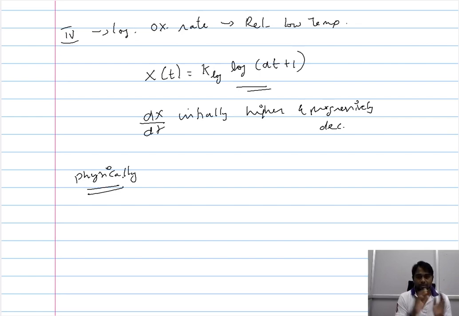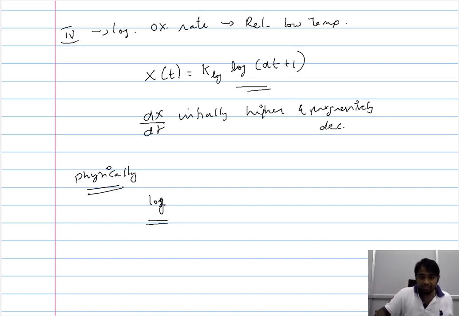So the way the different oxidation rates occupy the range of temperature is, when you have a relatively low temperature, you have logarithmic oxidation rate. When you consider high temperature oxidation, it is not one definite temperature, you have a range of temperature.